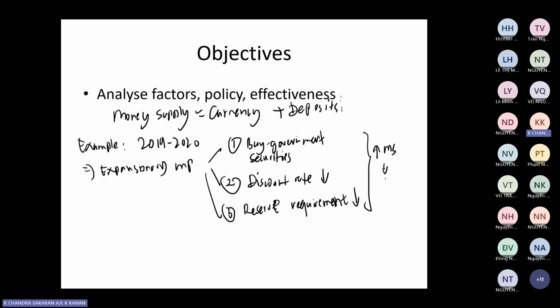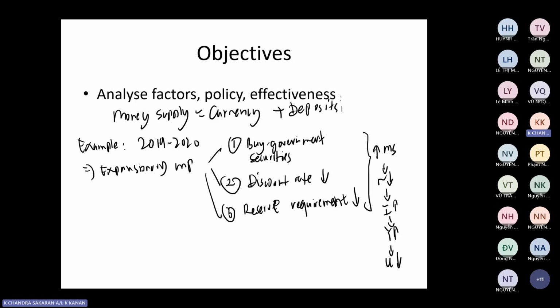Which will reduce the interest rate, increase the investment, increase the production, and lower the unemployment. That is the aim. Again, you must look at exactly what monetary policy tools were used by the country that you have chosen.